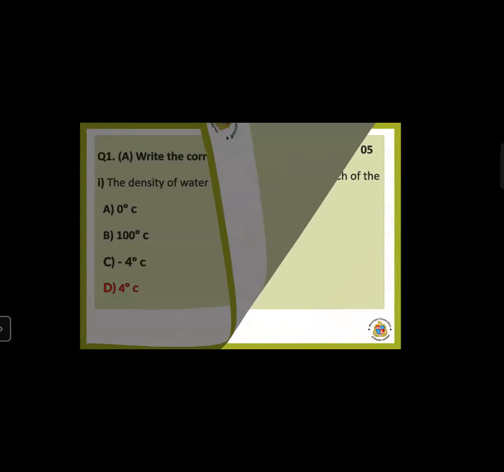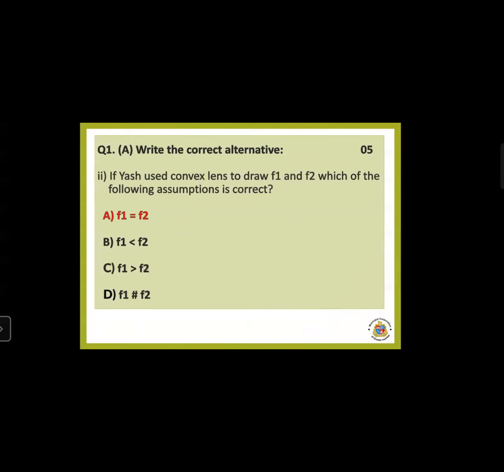Now what is the next question? The second question is: if Yash used a convex lens to draw F1 and F2, which of the following assumptions is correct? So Yash used a convex lens. This is a convex lens.